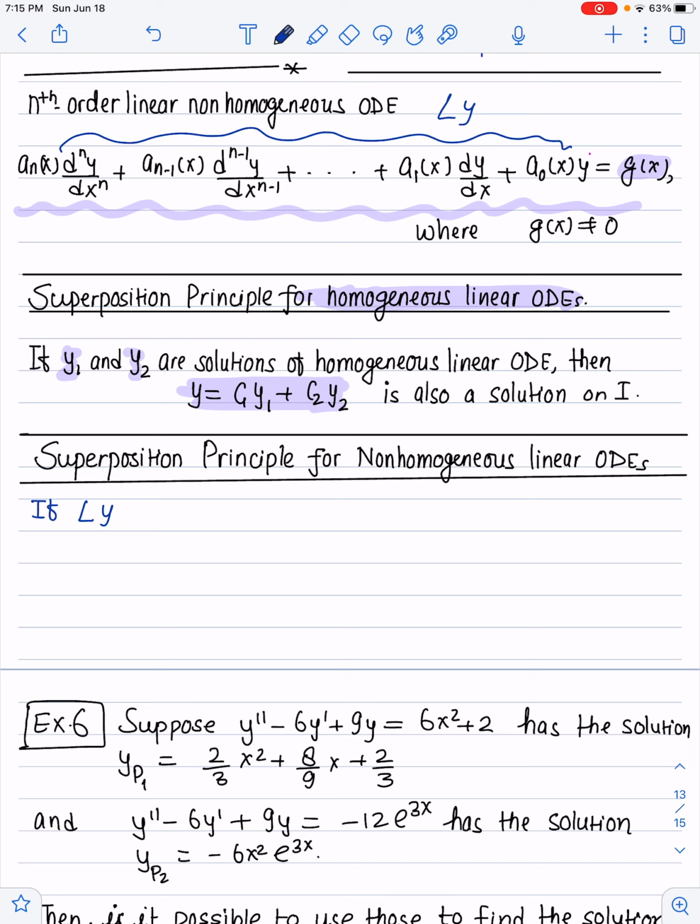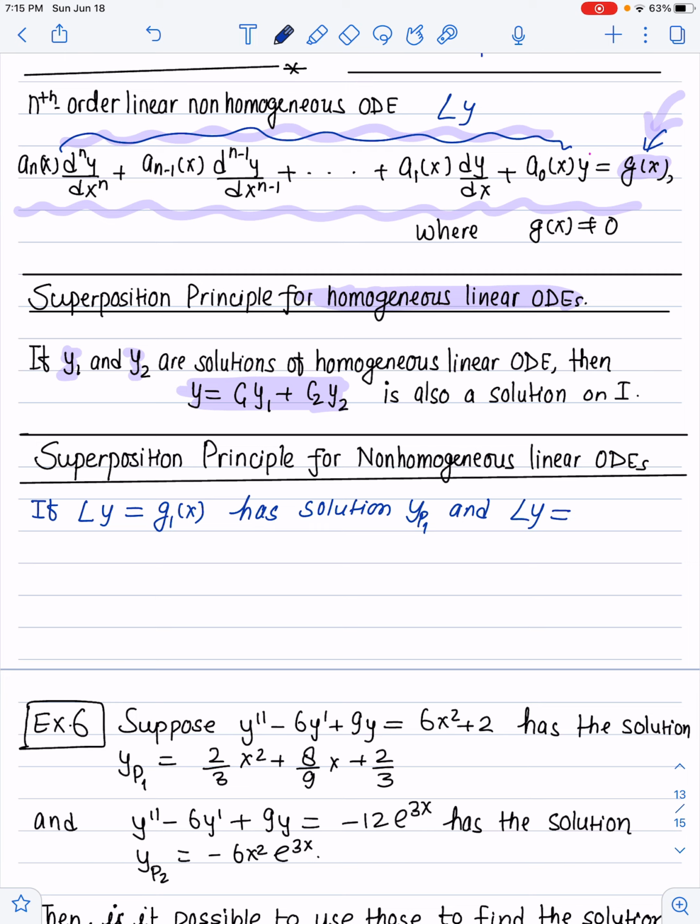If L of y equals z1(x), let's say this is your z1(x), it has solution yp1, and L of y, the same left side, but you can change that g(x) to a different g(x).